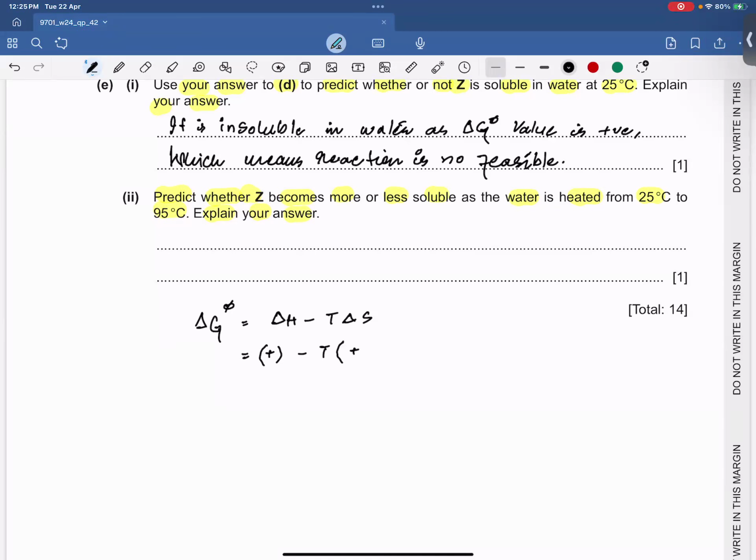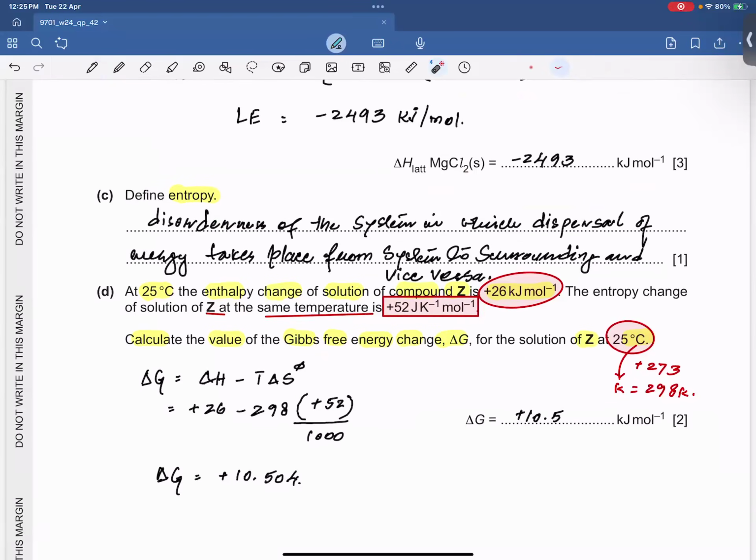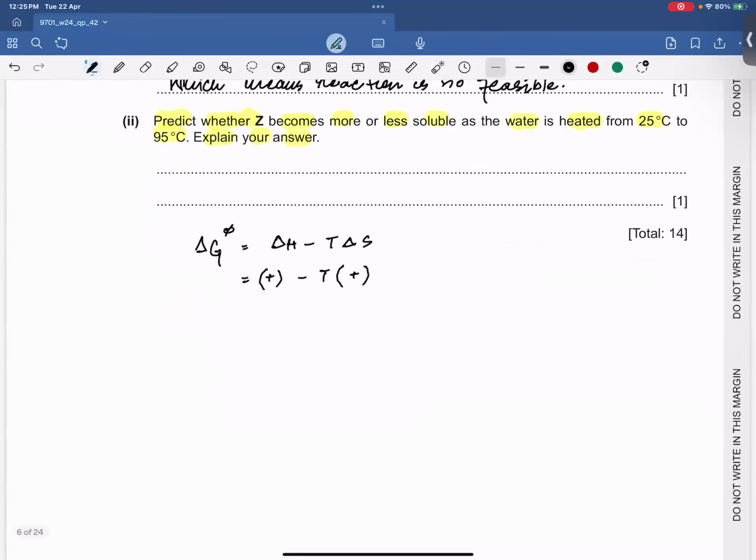Delta S naught value was positive also, right? Both the values are positive. So this positive will remain as it is, this minus plus becomes minus. So delta G could be positive, could be negative.